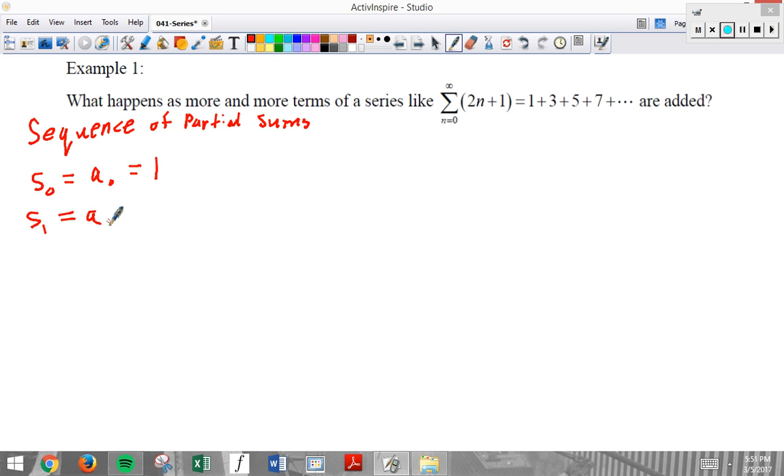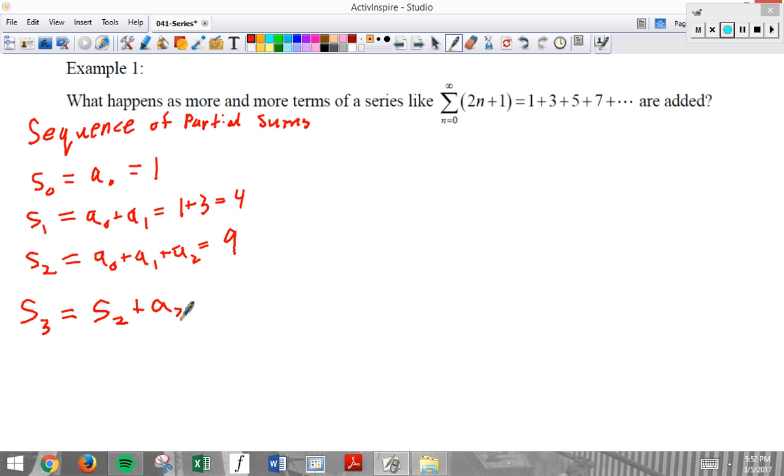That would be a sub 0 plus a sub 1, which would be 1 plus 3, which would be 4. What's sum 2? A sub 0 plus a sub 1 plus a sub 2. That would be this one plus a sub 2, which would be 9. Sum 3 would be these first 3 terms plus a sub 3, which would be 16. And so on and so forth.